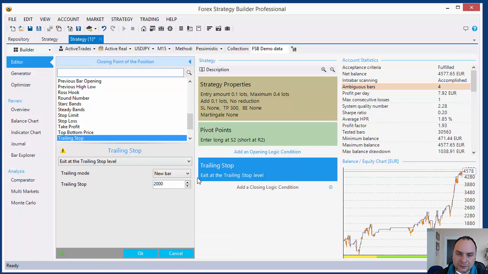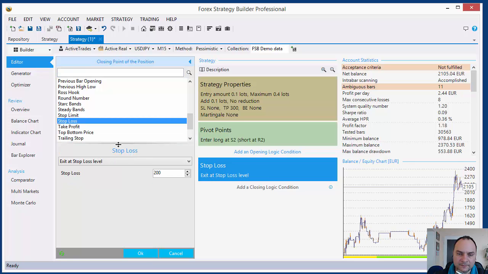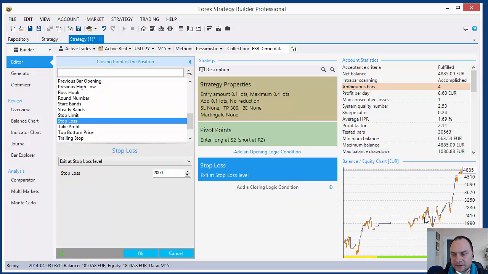Actually, we have here stop loss, and I will remove that trailing stop, and I will use a simple stop loss. Okay, we see the same result here. Because of this take profit, the trailing stop will not trail at all.